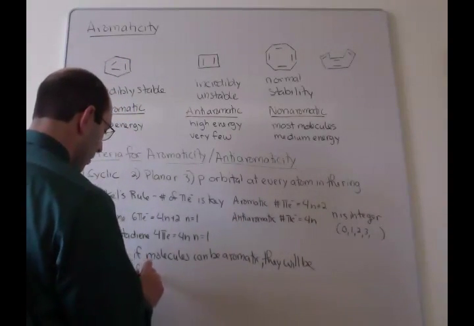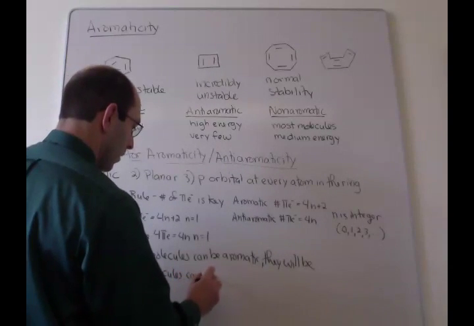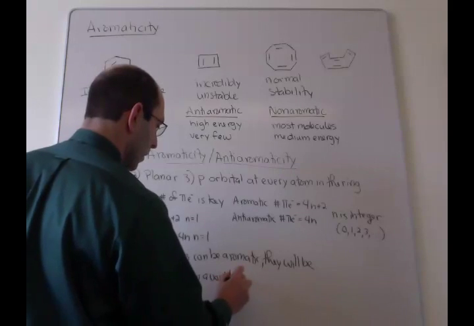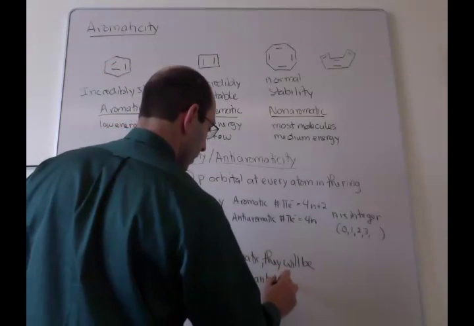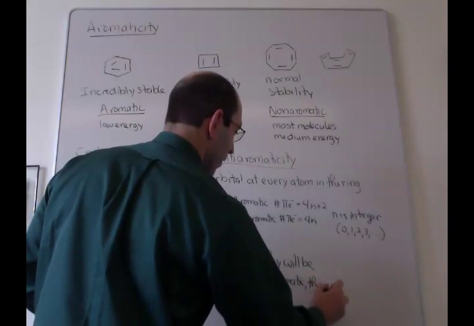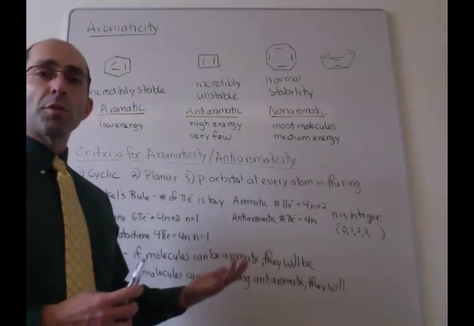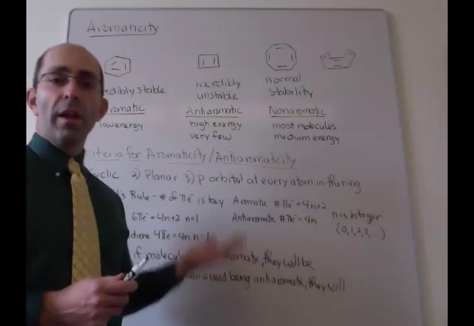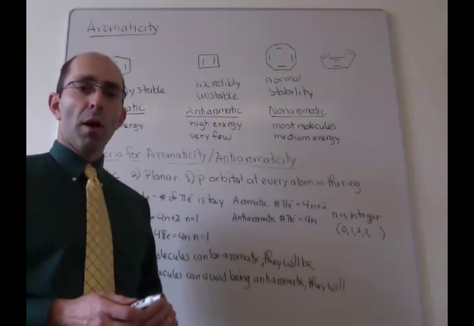And if molecules can avoid being anti-aromatic, they will, right? And again, it's much better to be non-aromatic than anti-aromatic, right? And we'll see how this is important when we start to do problems.